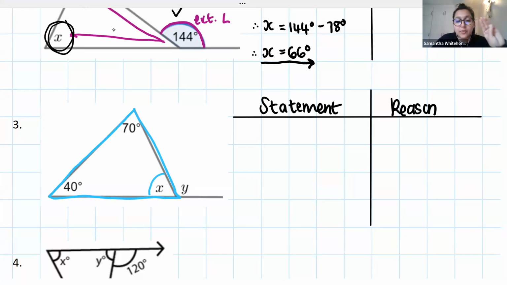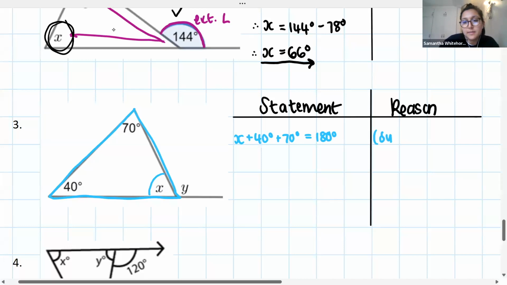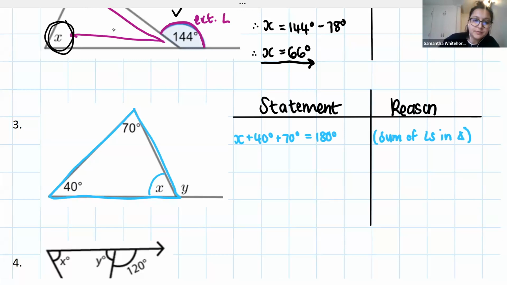Because I've got 2 of my 3 interior angles, I know that when I add them together, I must get 180. So x plus 40 plus 70 must equal 180 degrees. Remember your reason, sum of angles in triangle.